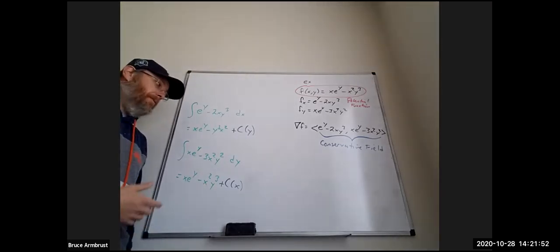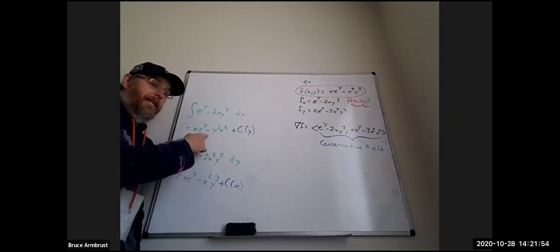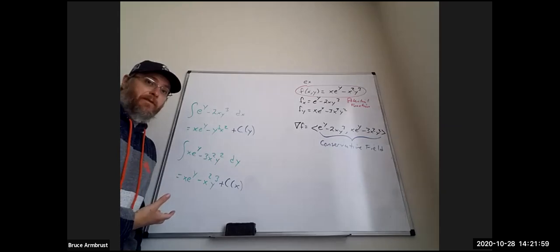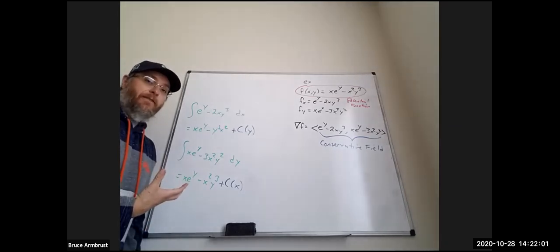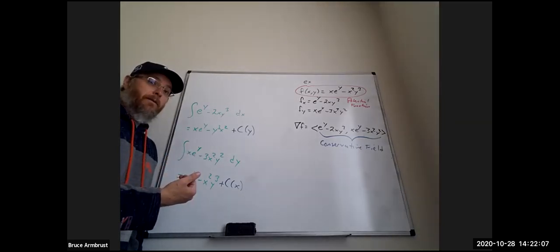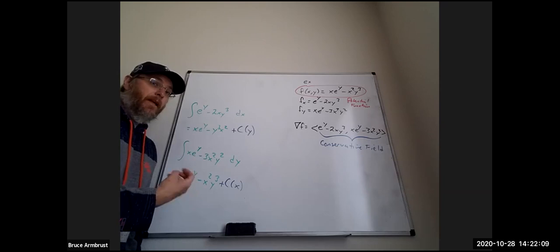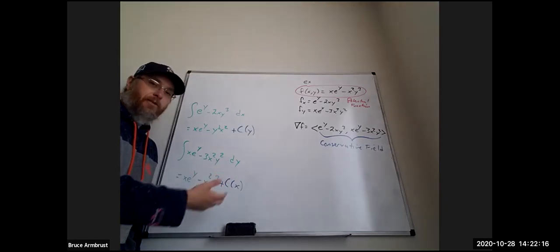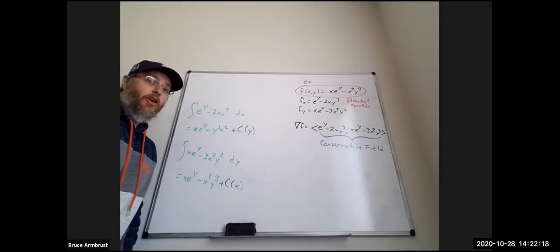So it is very possible that these two are not equal. They will share terms. For a conservative vector field, there's the possibility that they do share a term, but there could also be other things. And those other things can be just standalones when they're not in terms of the other variable. So that is something we're going to have to watch for, and I will show you examples of that for sure.